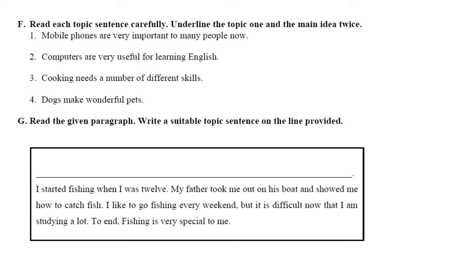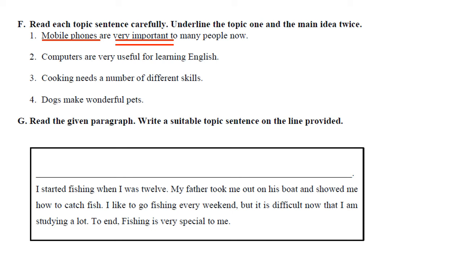The topic is like the general idea, and the main idea is what we're going to talk about specifically. So here, from the beginning of the sentence, you can tell that I'm talking about mobile phones. So this one is the topic. Now, what I'm going to talk about specifically is that they are very important.